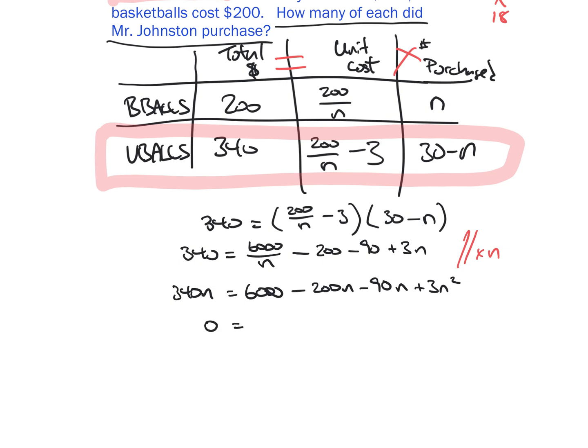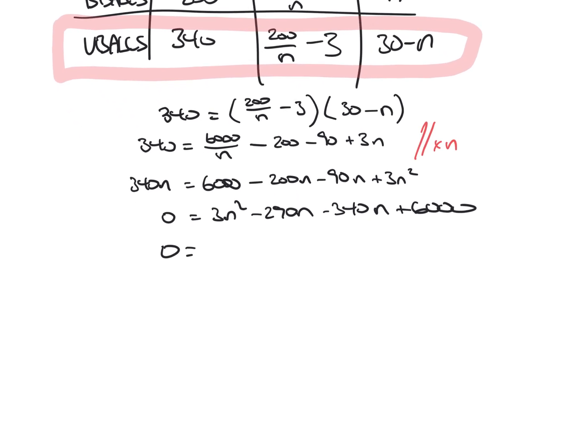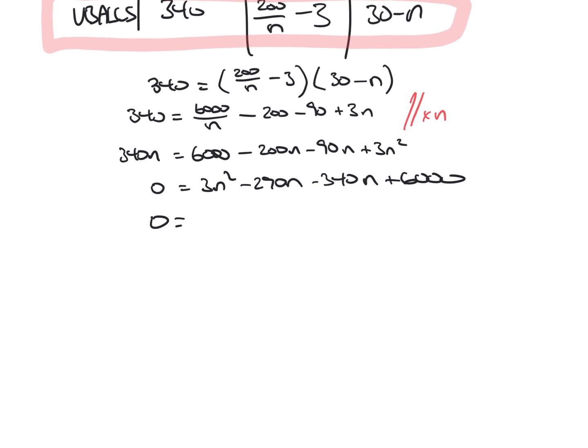Now we want to bring everything over to one side. So we have 3N squared minus 290N minus 340N plus 6,000.